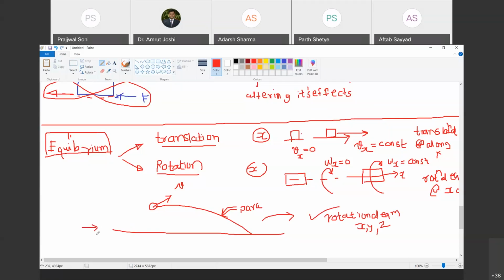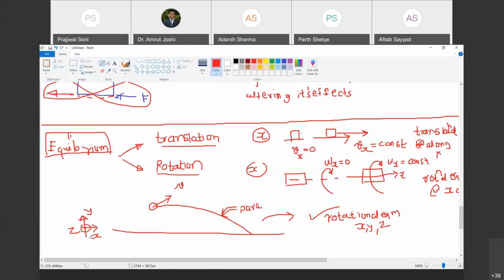Let us call this as X, this as Y, and coming out of the plane of both towards you is Z. Are you with me? Yes. Now tell me, is the body in translational equilibrium about Z axis? Yes sir. And what is the reason? Sir, because only X and Y components are changing.